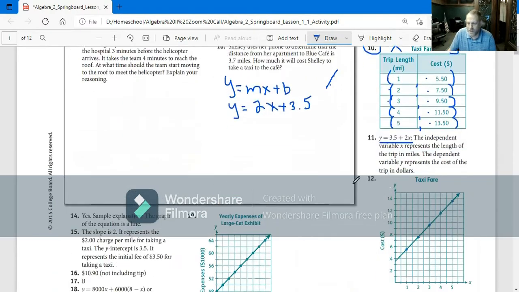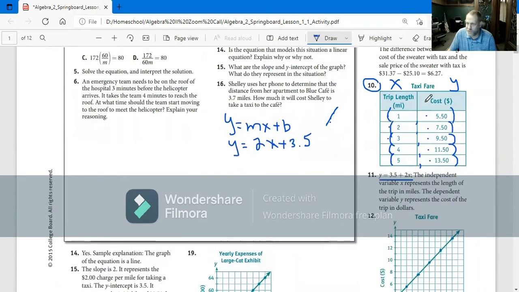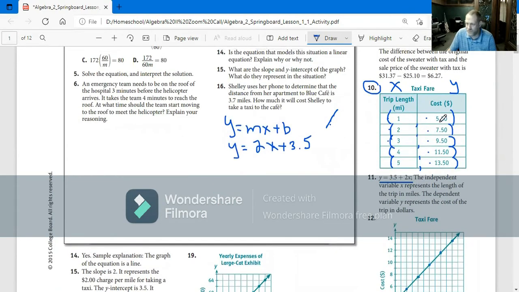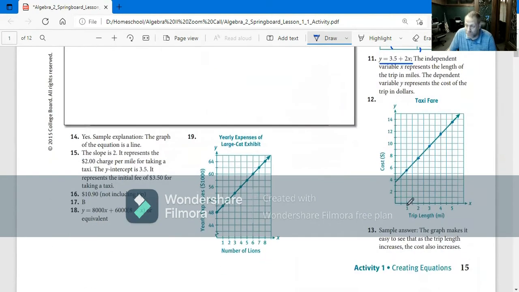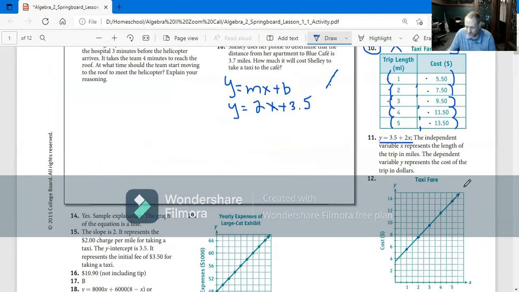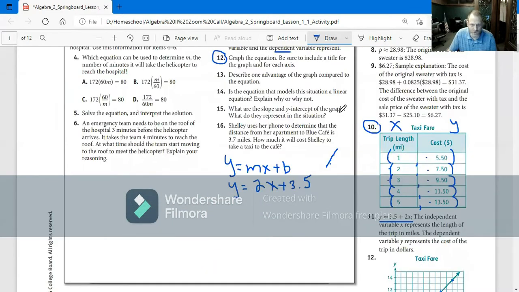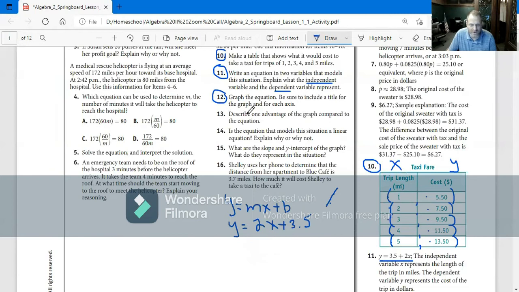They took what was in the table, 1 and 5.50, 2 and 7.50, 3 and 9.50, 4 and 11.50, and 5 and 13.50, and brought it right here onto the graph. So that concludes number 12.